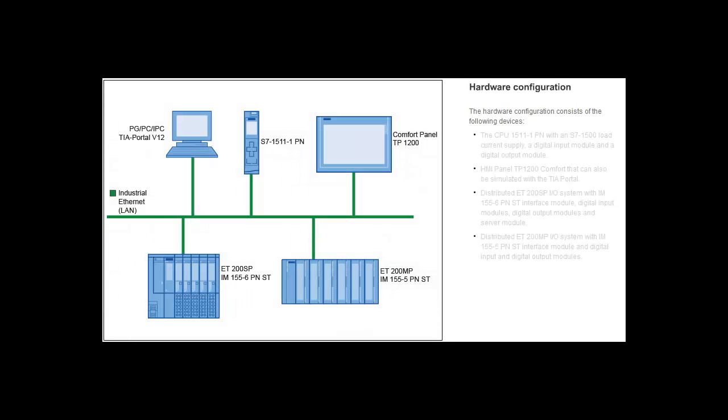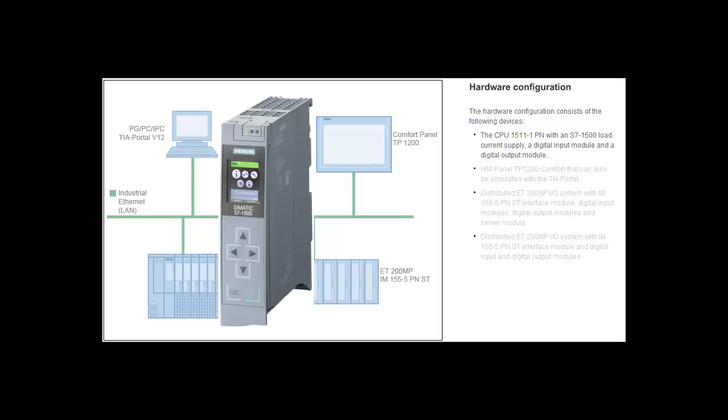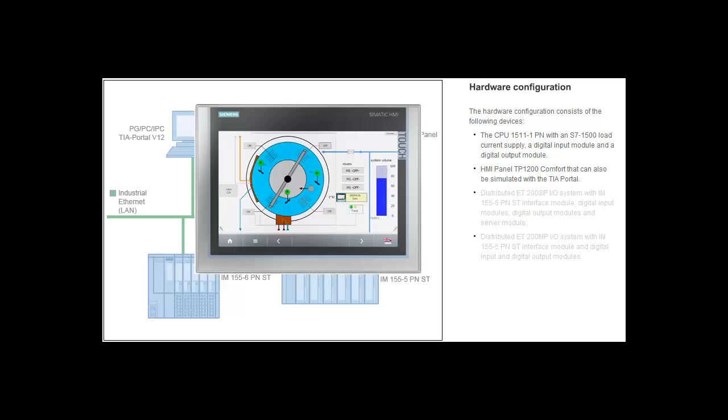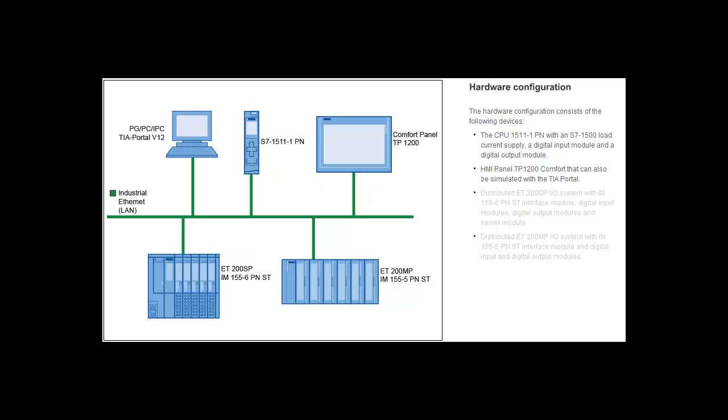The hardware configuration consists of the following devices: the CPU 1511 1PN with an S7-1500 load current supply, a digital input module, and a digital output module. HMI panel TP1200 Comfort that can also be simulated with the TIA portal.